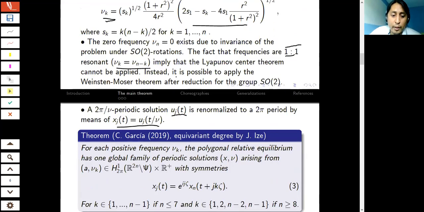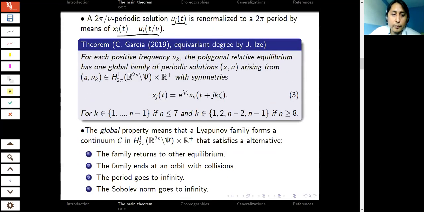For each one of those real frequencies, the polygonal relative equilibrium has one global family of periodic solutions. The global family is represented in the normalized functions with period 2 pi, that's x, and nu is going to be the frequency.